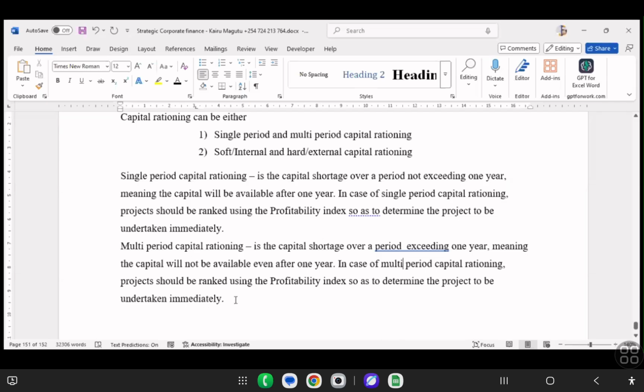In case of multi-period capital rationing, projects should be ranked using the NPV. This time, not the profitability index.